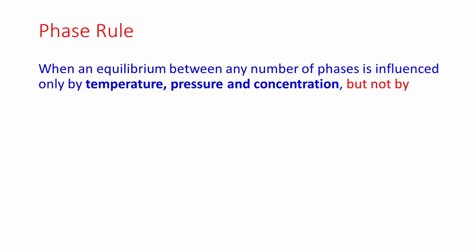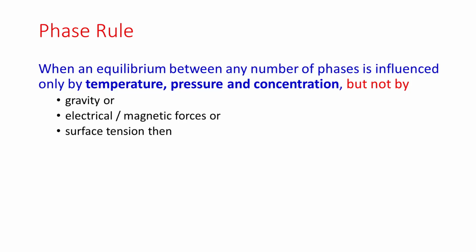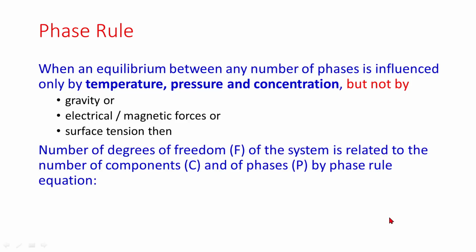Phase rule: when an equilibrium between any number of phases is influenced only by temperature, pressure and concentration, but not by gravity, electrical or magnetic forces or surface tension, then number of degrees of freedom F of the system is related to the number of components C and of phases P by phase rule equation.